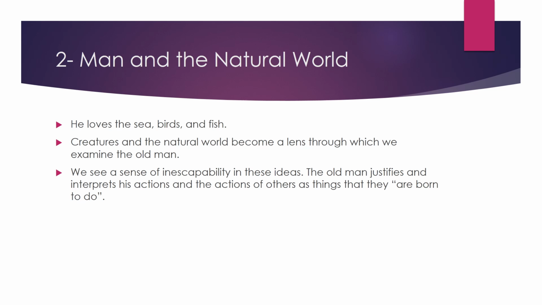So writers like Hemingway try to shed more light on the role of nature in man's life. Here we find this relationship between man and the natural world. He loves the sea, birds and fish. This is crystal clear and we can find it easily.